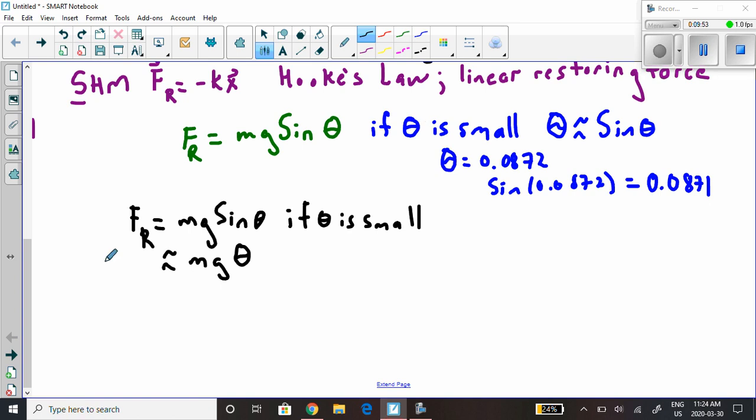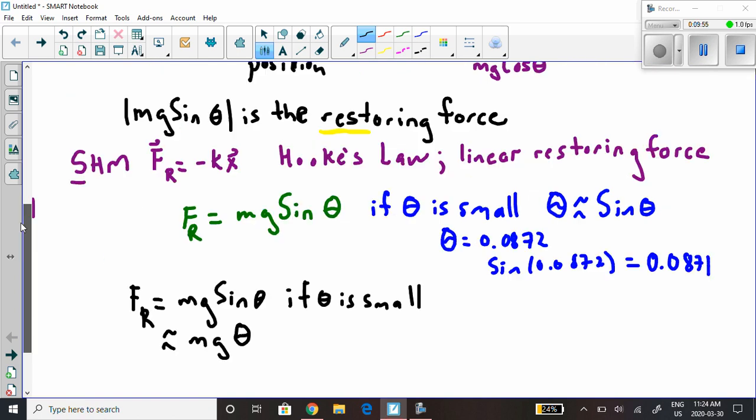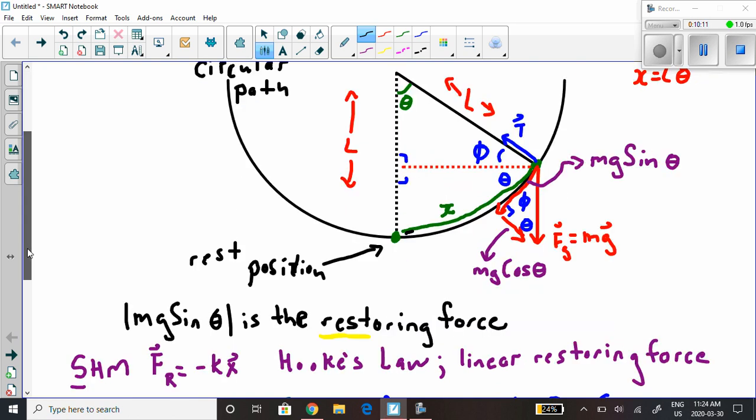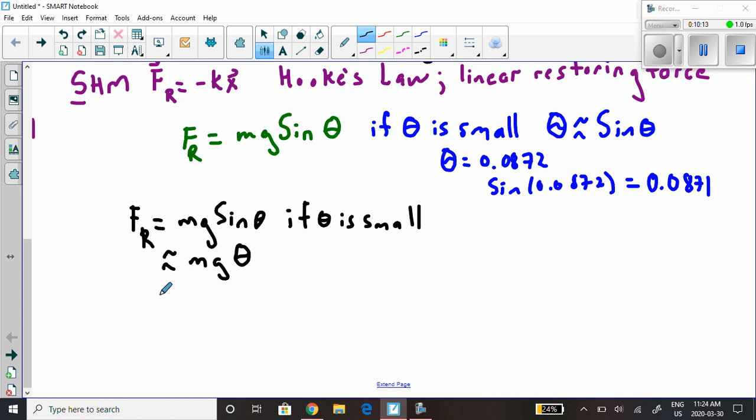Now, remember what we said at the very beginning of this video lesson, that there is a relationship between the arc length and the angle. If I rearrange it, I get that theta is equal to x over L. So I'm going to use that right in here. Now that I've made the jump to almost equal to, I can just continue with equal to.